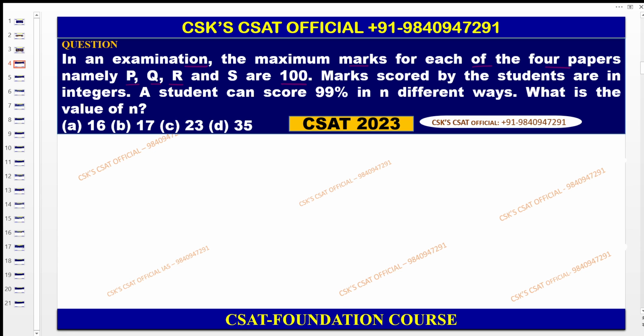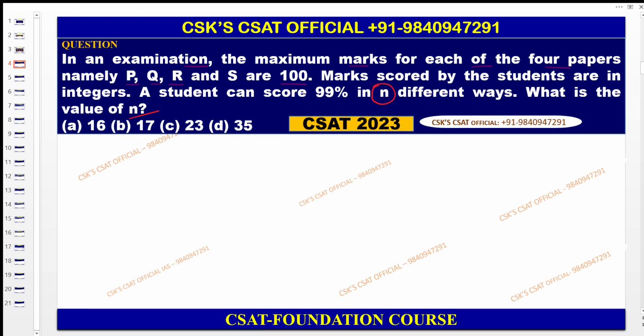So a student can score 99% in n different ways. What is the value of n? Here you need to find how many different ways there are for a student to score 99%. That's it.